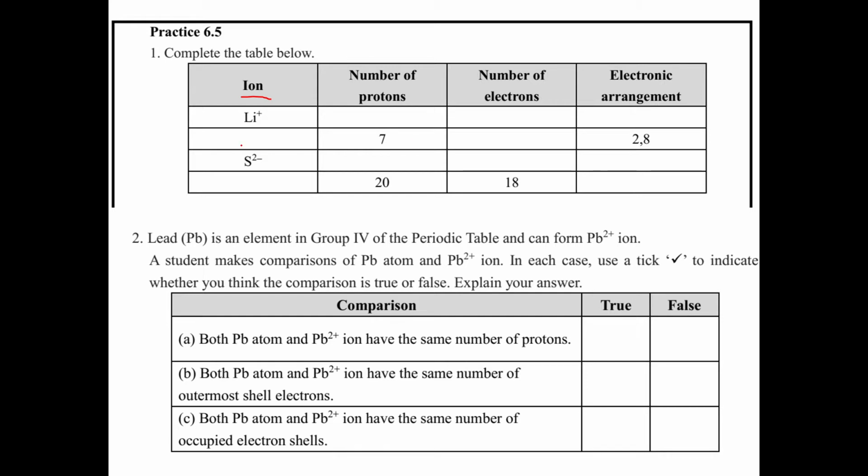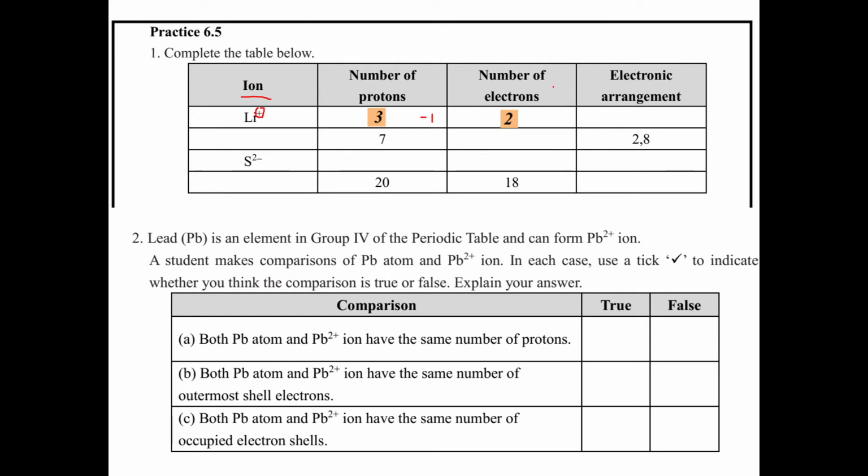So we try this exercise. For lithium, the atomic number is 3, so the number of protons is 3. The electrons for a lithium atom should be 3, but now it has become positive 1. So 1 electron is lost. You minus 1 from the number of electrons and become 2 electrons in total.